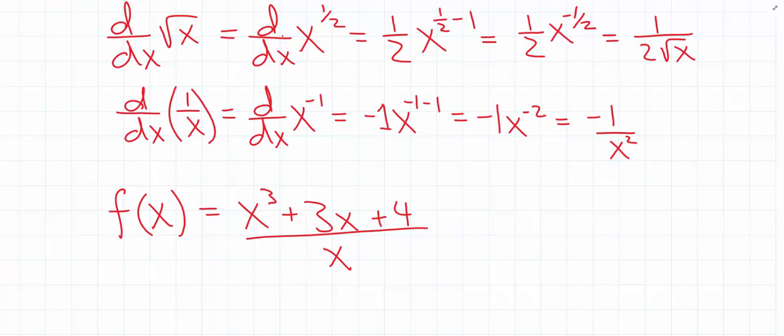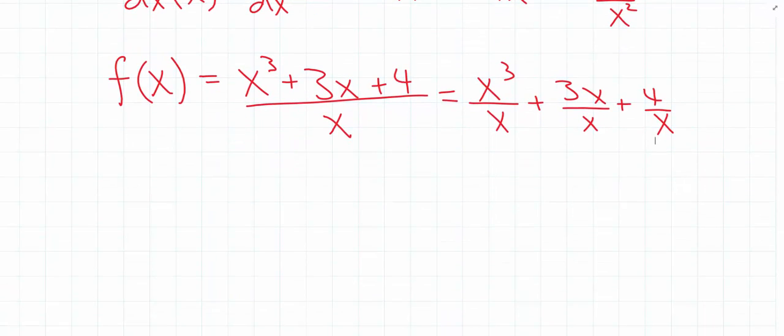So here's a function, we've got this thing on top and something on the bottom. What we can do is break this up. I can call it x cubed over x plus 3x over x plus 4 over x.